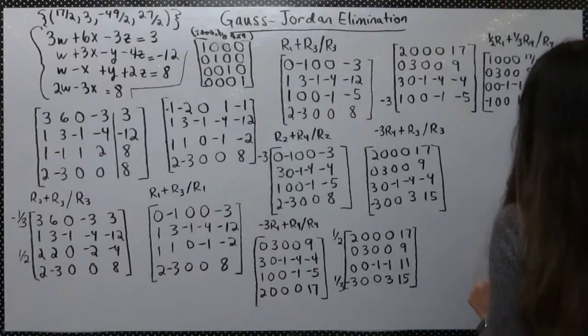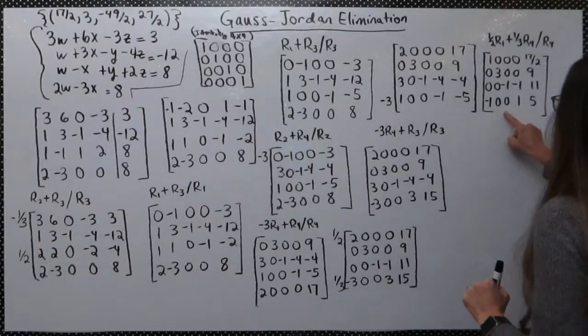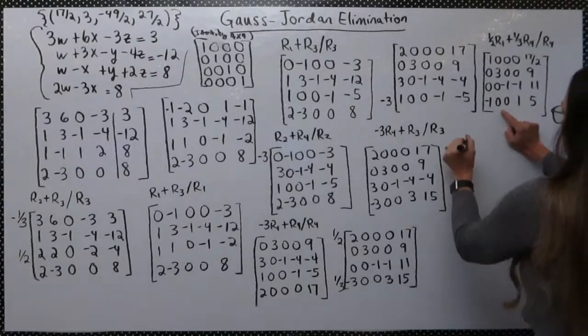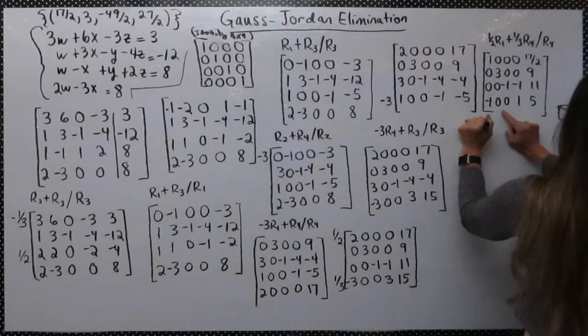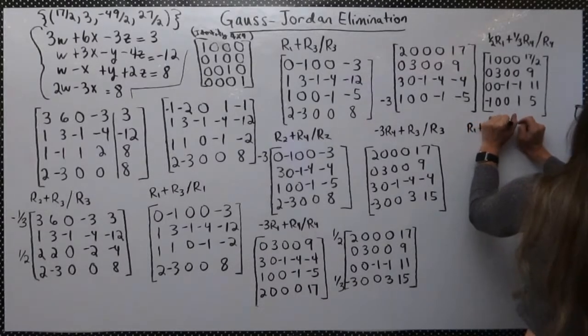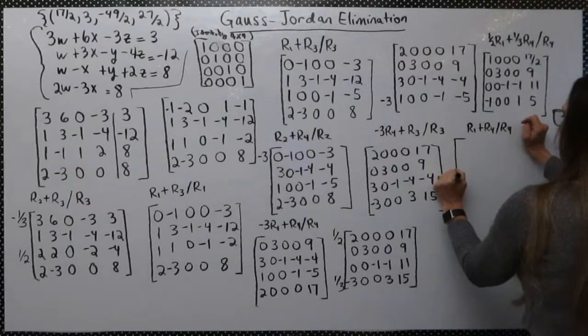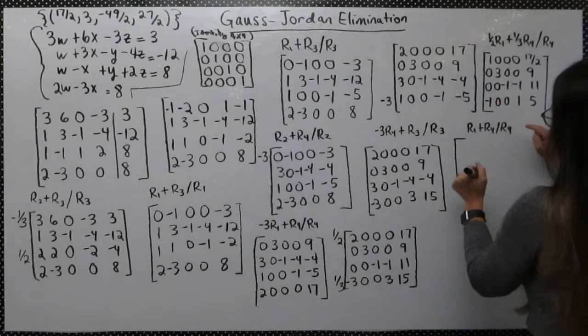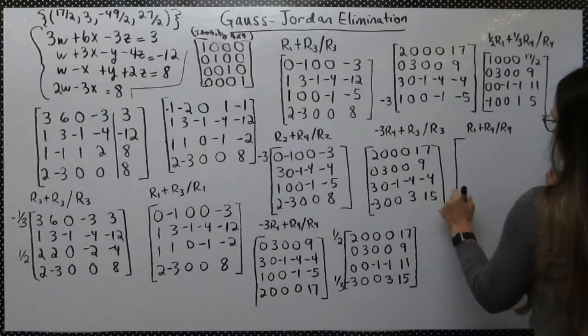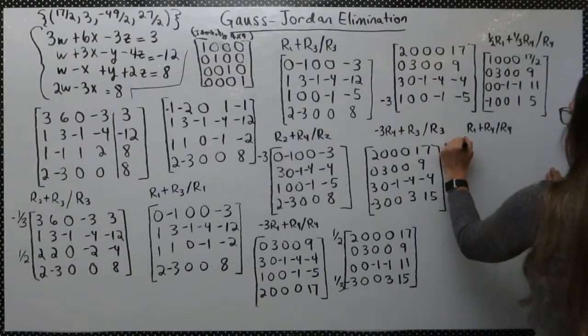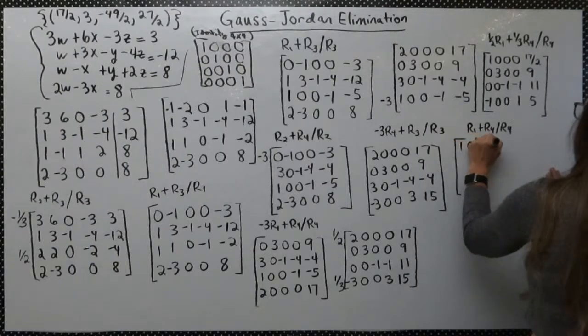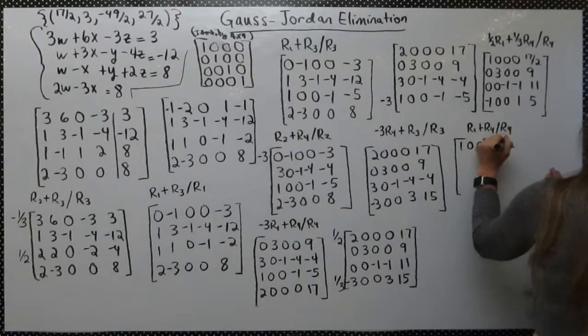I now want to add row 1 and 4. So row 1 plus row 4, replace row 4 is going to give me, let's see, we'll add all these other ones up real quick. We've got 1, 0, 0, 0, 17 halves.